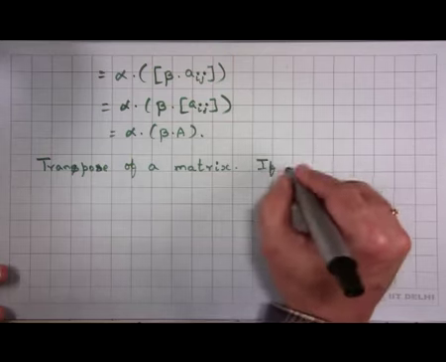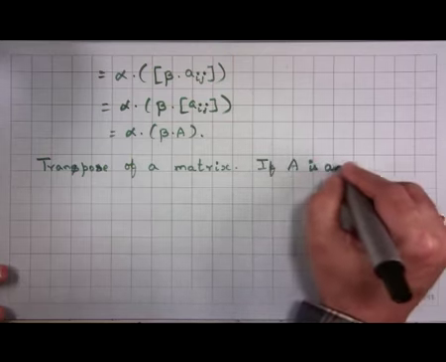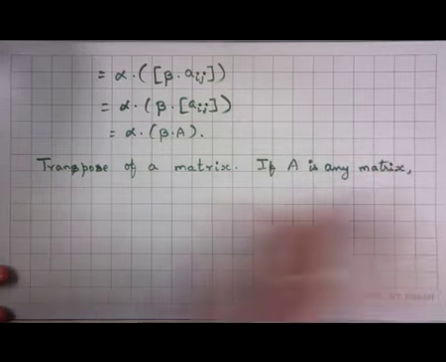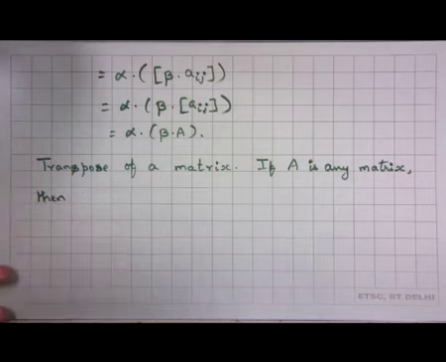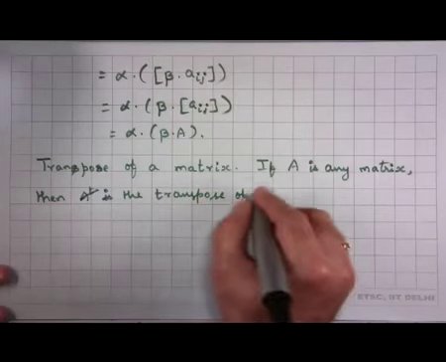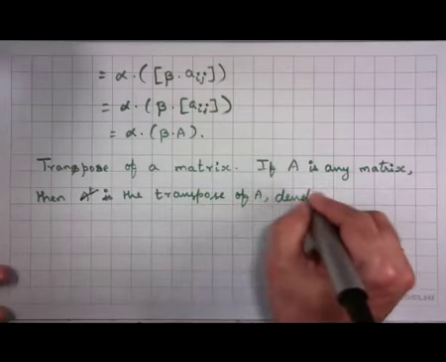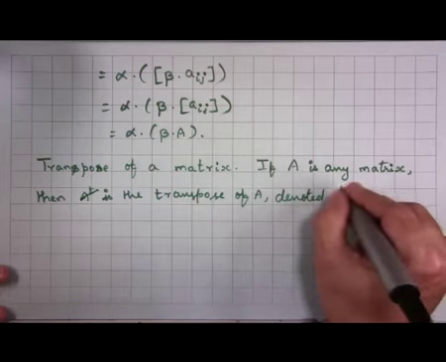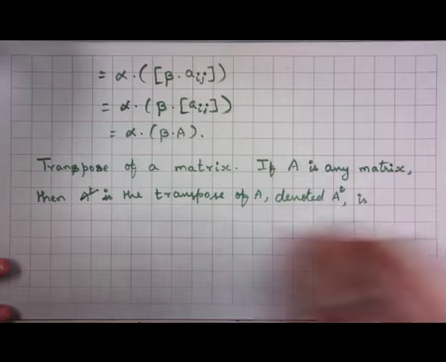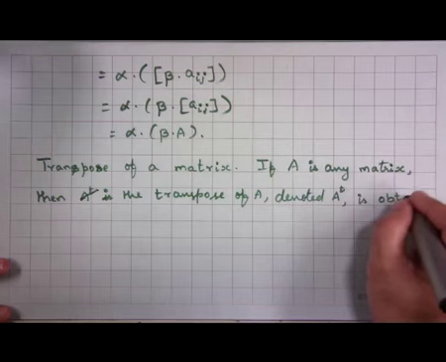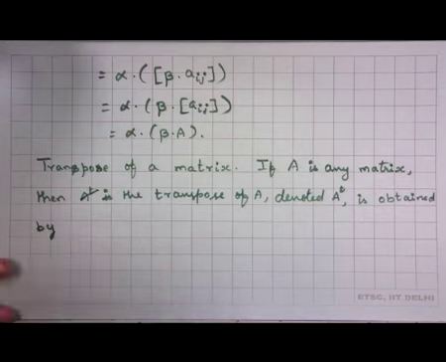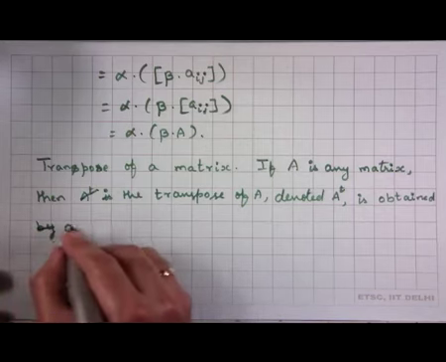If A is any matrix, then the transpose of A, denoted A transpose, where this T means transpose, is obtained as follows.